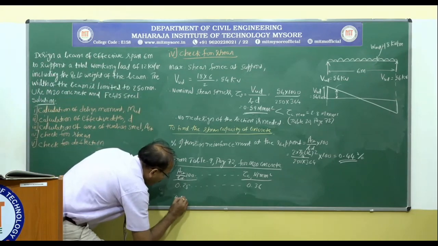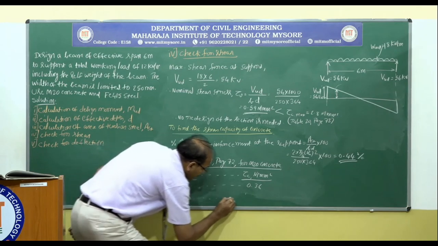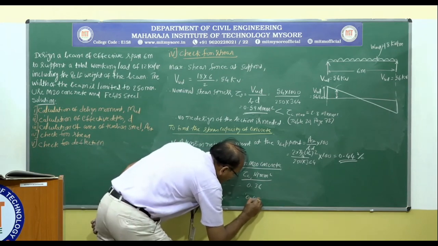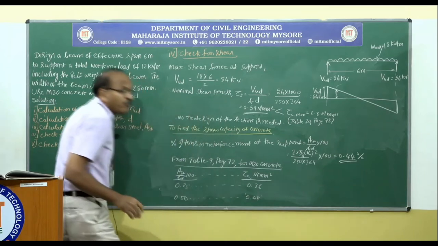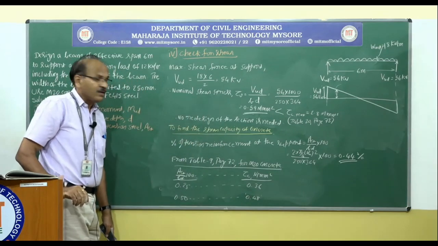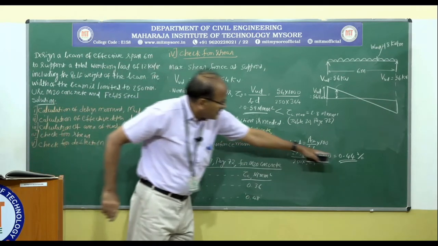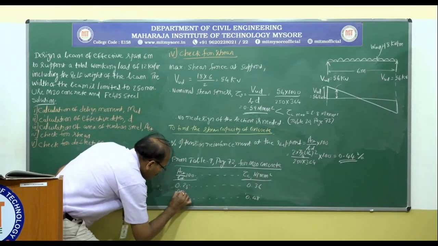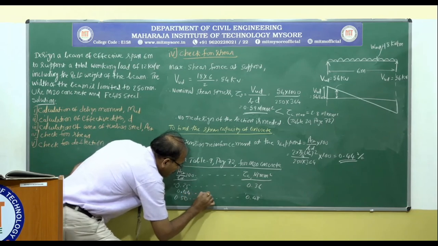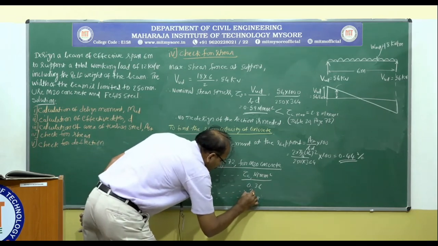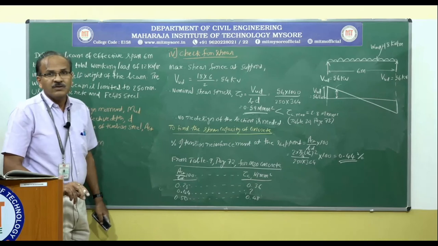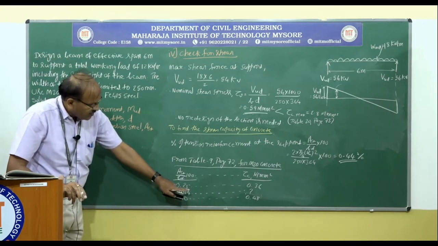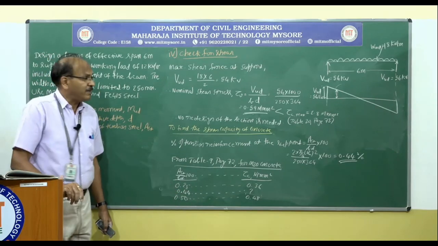And for 0.50 percentage of tension steel, shear strength of concrete is 0.48 Newton per millimeter square. So what is the percentage here? It is 0.44. Of course, 0.44 comes between 0.25 and 0.50. So I need to find out what is the value for 0.44% steel.